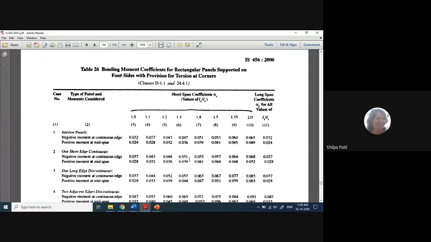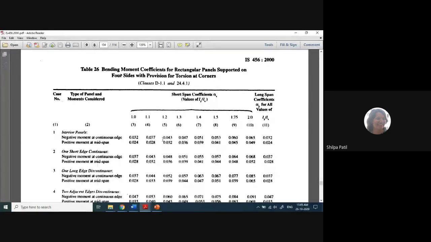Now, what is the case? Whatever slab we are designing is still a simply supported slab. It is not mentioned that any edge of the slab is continuous. It means all our 4 edges are discontinuous in this case. It is not mentioned in the problem that along the shorter edge the slab is continuous, or along the longer edge the slab is continuous.